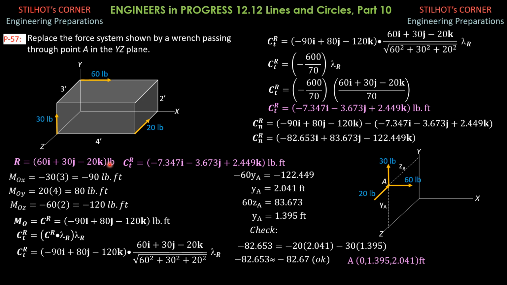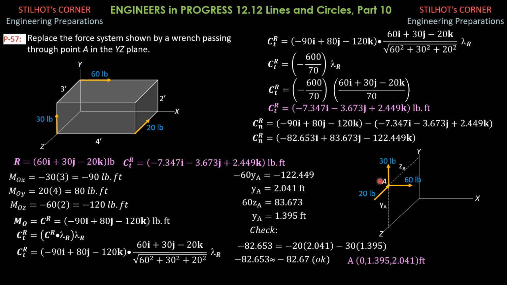If this is the answer for the first part, then let's answer the next situation: the point where the axis of the wrench intersects the YZ plane, which we denote as point A. This is now the illustration here.